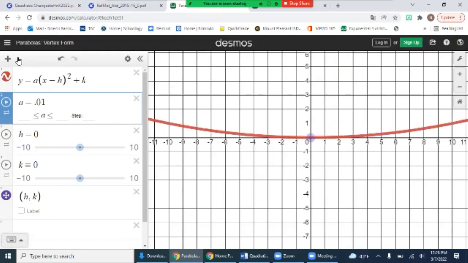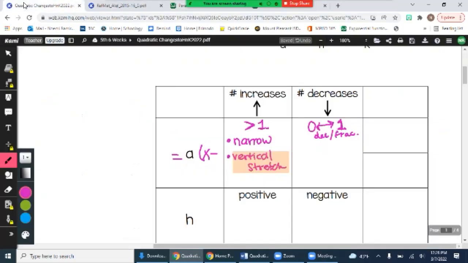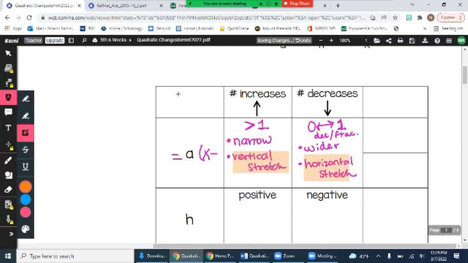Notice, smaller fraction, smaller fraction, smaller fraction, it just becomes a horizontal line. So what would we call this? A horizontal stretch. Wider.